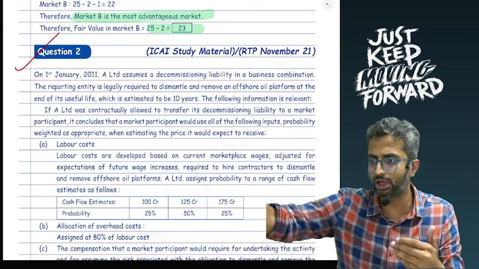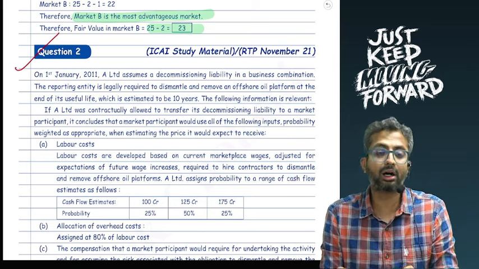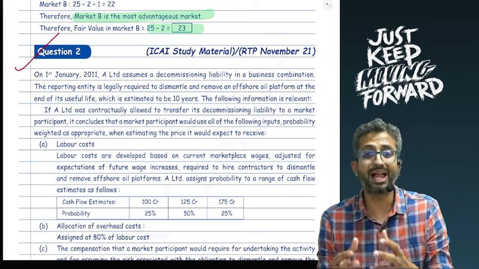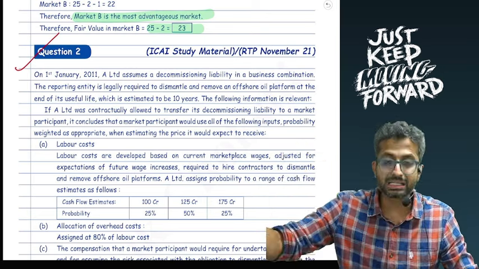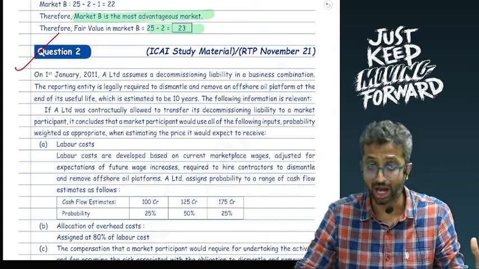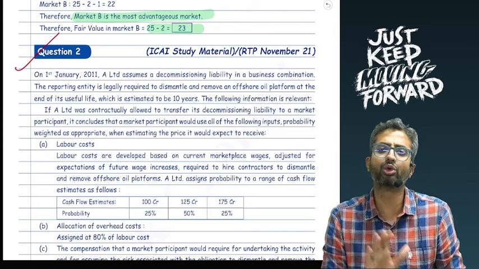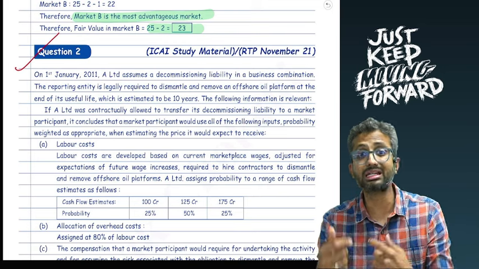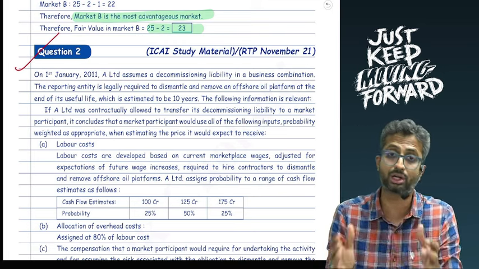If cash flows are given, it will discount them and find the enterprise value. If I want to find a value per share, from that I will subtract the value of debt and add, let us say, surplus assets or surplus cash that you have, to come at the equity value, divided by the number of shares, which will give you the value per share. Sometimes there may be certain discounts, like an illiquidity discount, non-controlling discount, etc., which may be given.